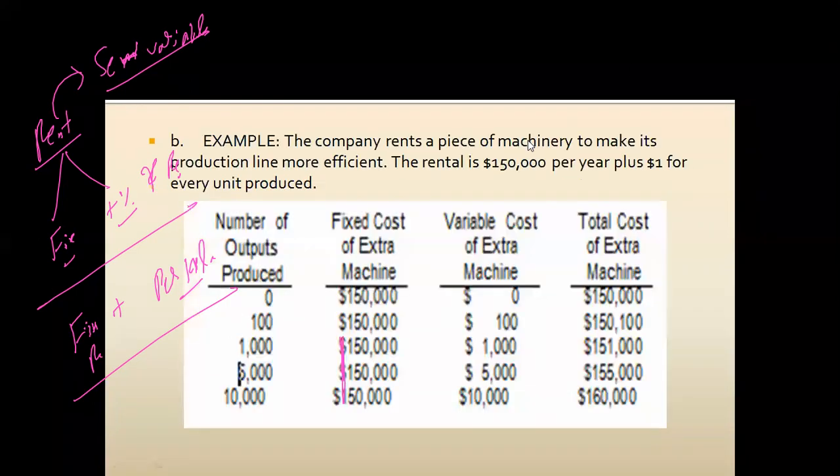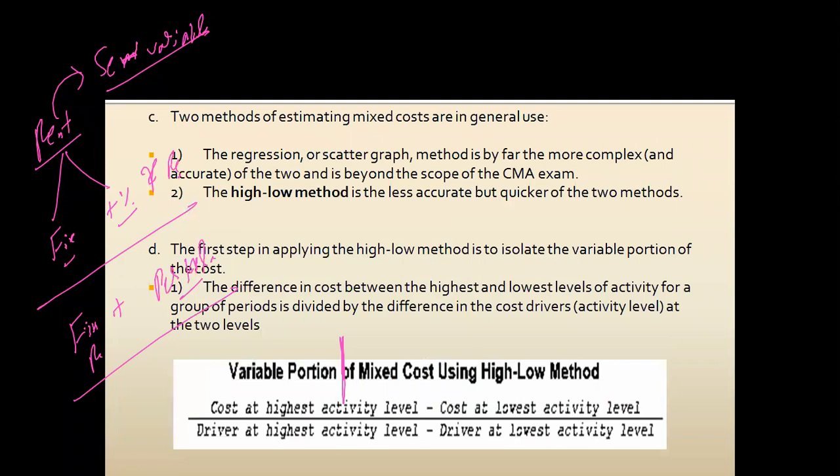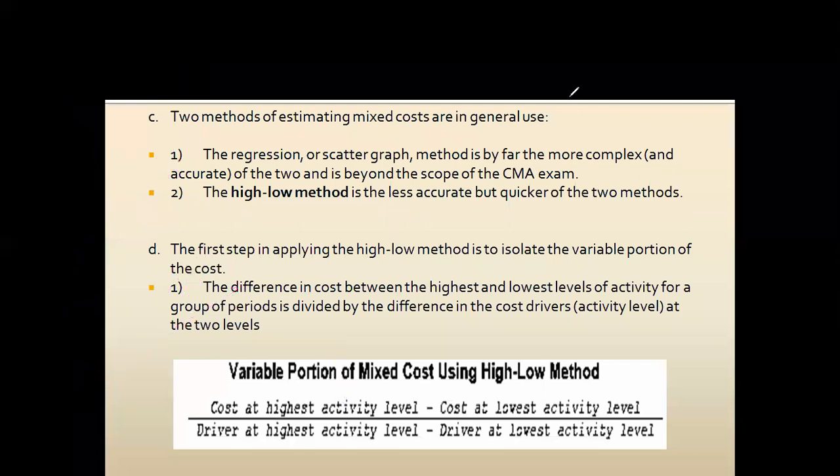Students, what's our task? By using the high and low point method, we have to find out of total mixed cost, how much is the variable portion and how much is the fixed portion. Say the total mixed cost we have is 2000. Out of that, I want to know how much is the variable cost and how much is the fixed cost. That is our task to learn by using the high and low point method.